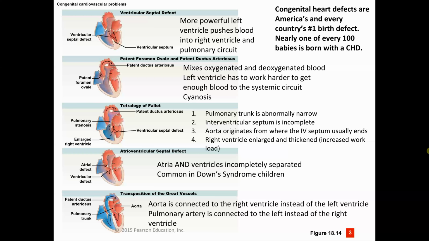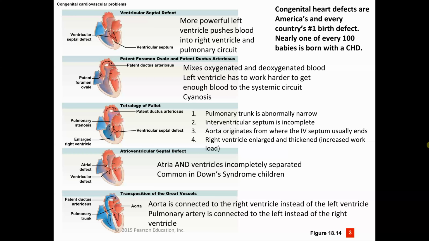So that interventricular septum, what does it normally do? Yep, so it separates the ventricles. If you don't have a full ventricular septum, the more powerful left ventricle is going to push oxygenated blood into the right ventricle. Okay?